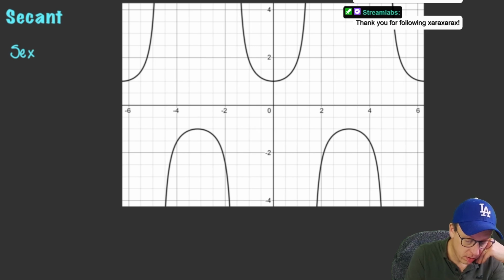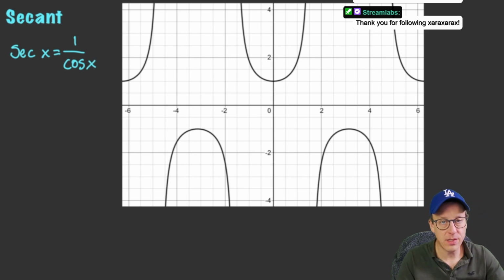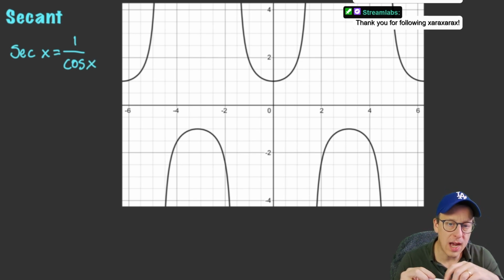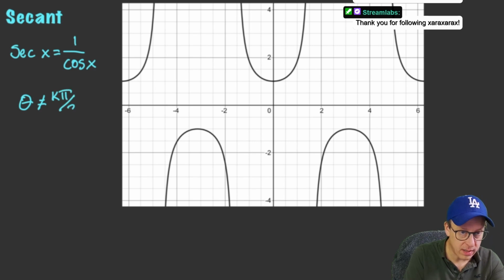Secant of x is going to be equal to 1 over the cosine of x. So the asymptotes are going to lie where cosine is 0, or the domain is going to be basically not equal to k pi divided by 2, where k is odd, just like in our previous example.